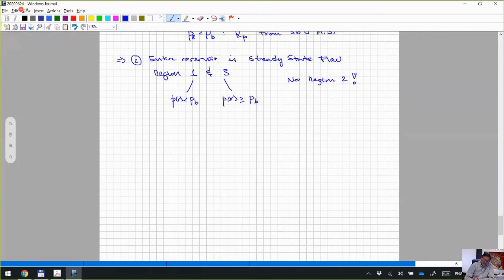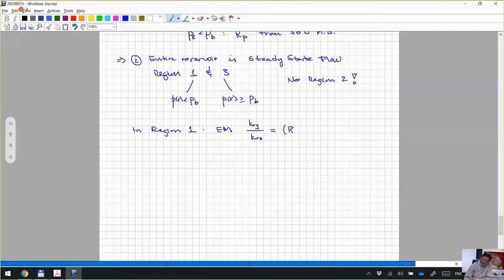And when you made that assumption, then in region 1, this Evinger and Muscat, they show that the ratio KRG to KRO could be computed.